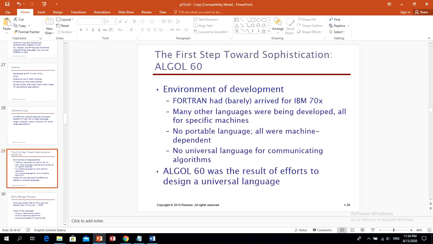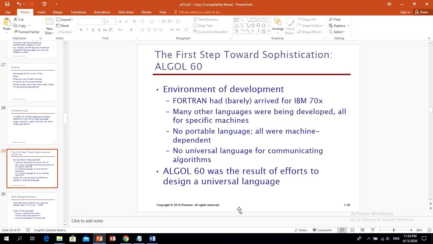We come here to the first step toward sophistication. We start with ALGOL 60. At that time, the development environment was dominated by Fortran, and many other languages were being developed for specific machines, and there were no portable languages.